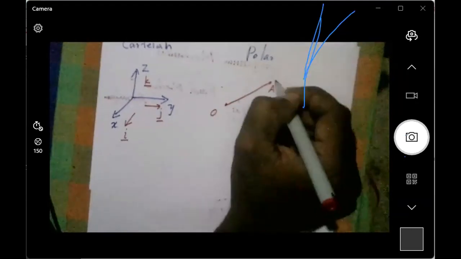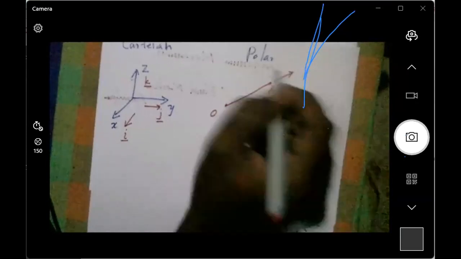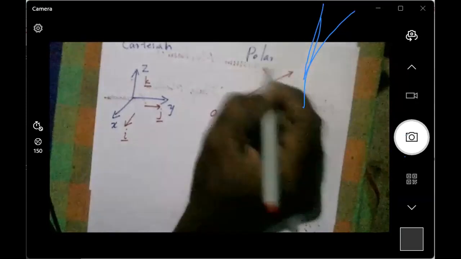Let's say the particle is A. So we have one vector along this direction, another one perpendicular to this.